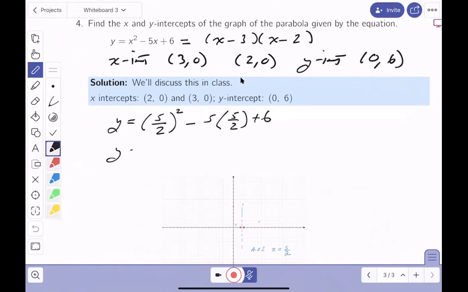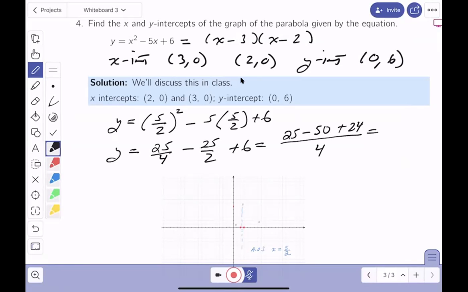And what do you get there? Y equals 25 quarters minus 25 halves plus 6. Yeah, it's a lot of work, isn't it? Common denominator of 4. 25 minus 50 plus 24, which would be 1/4.